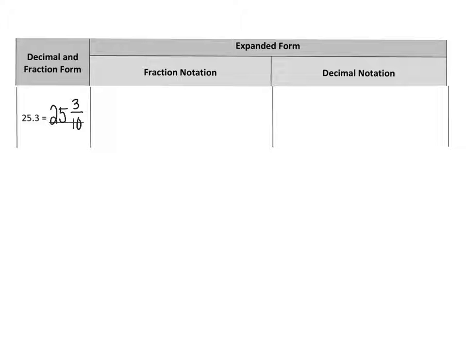So how many tens do we have? Well, we have 2 tens. So we have 2 copies of 10 plus 5 copies of 1 plus 3 copies of 1/10, which would give us 20 plus 5 plus 3/10, which would ultimately give us 25 and 3/10.